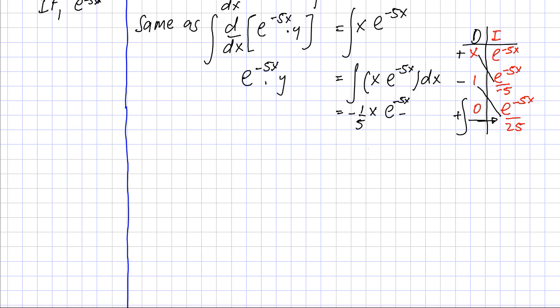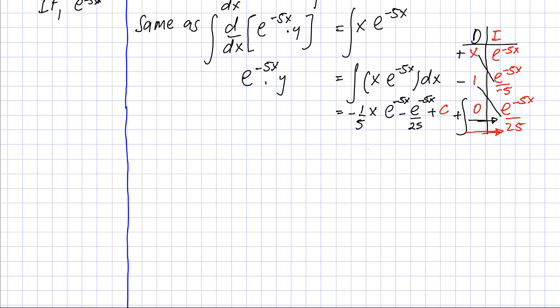Minus, the second product is e to the minus 5x over 25. Then this part here is just a product of 0 and e exponent minus 5x over 25. It will give us just a c.